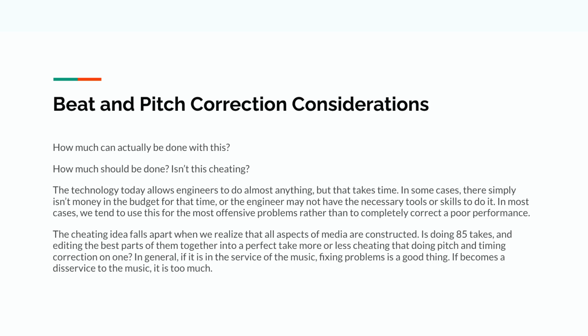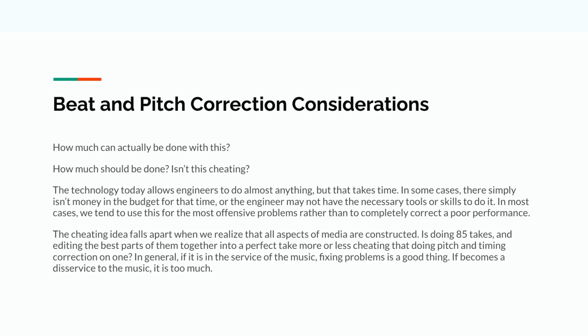As far as the cheating idea, I really have no way to answer that one other than to ask, is it cheating to do 85 takes and to comp that together into the best performance possible, the way that would have commonly been done throughout the 1970s and 80s? Right? When we think about the vocal performances on Bohemian Rhapsody, we know that there were many takes done to achieve the immaculate performances that we hear in the final version.